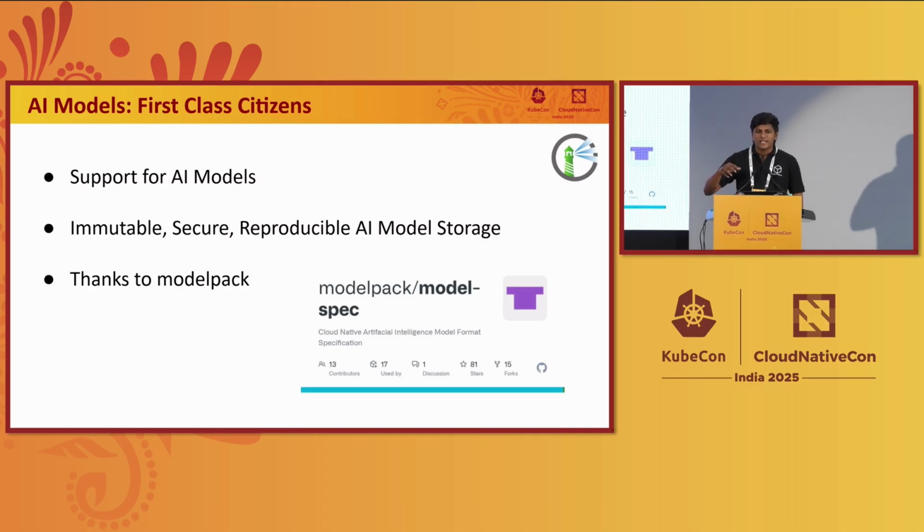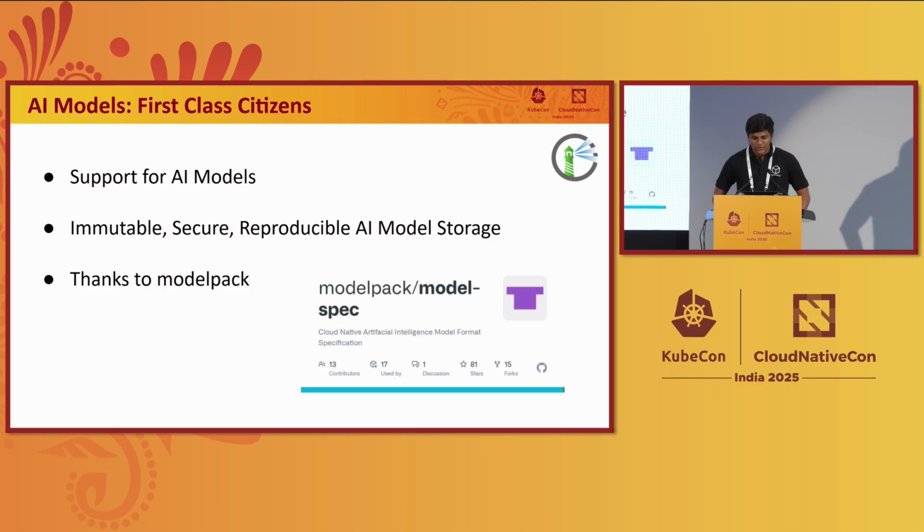Harbor as a container registry is already excelling at distribution, like delivering your containers to your Kubernetes cluster. So now we also have support for AI models. As of the latest version, 2.13, you can now store AI models in Harbor with the help of Model Pack. So how many of you have heard about Model Pack? Any guys?